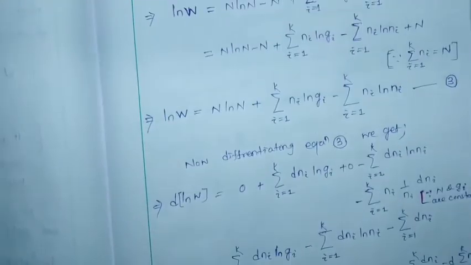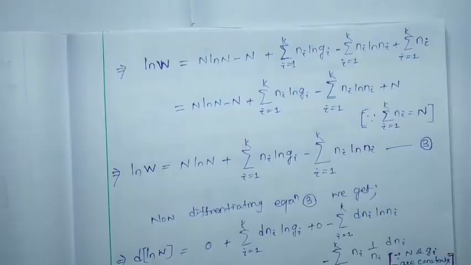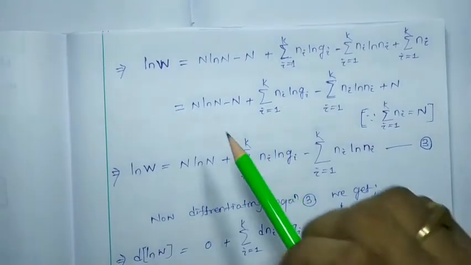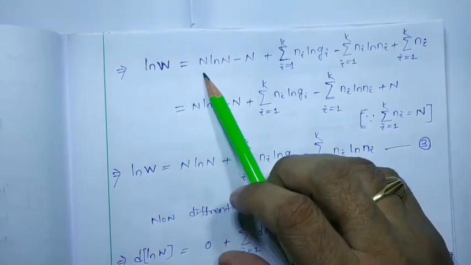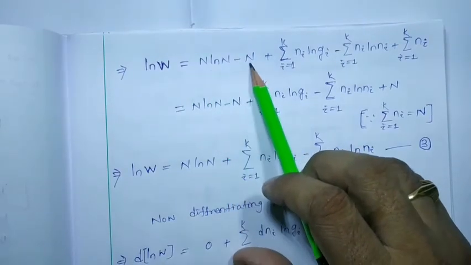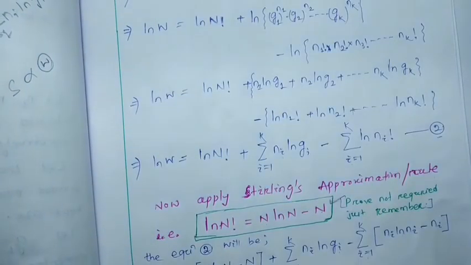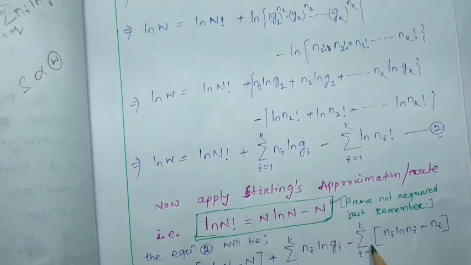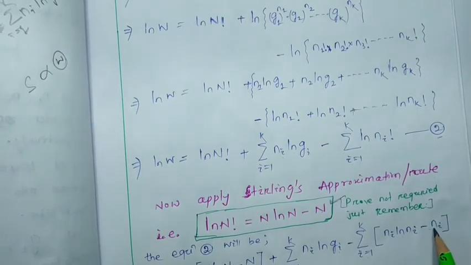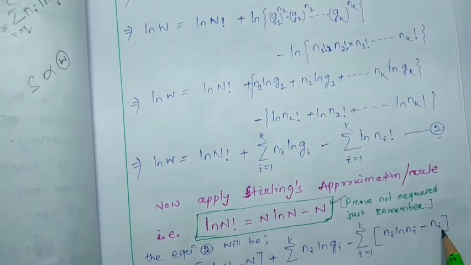Now it will be written as, so that implies ln W will be equal to N ln N minus N. Here you can see N ln N minus 1, this one, and here this will be minus summation over this one plus summation over i equal to 1 to k ni.